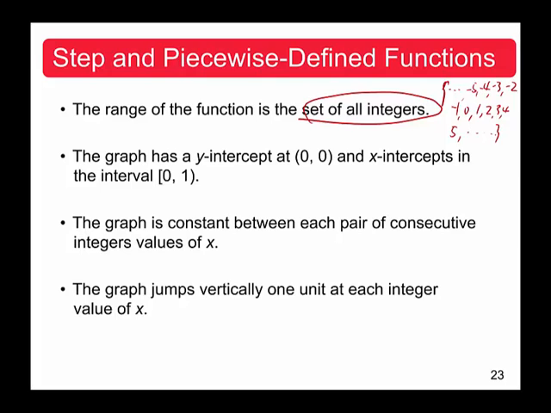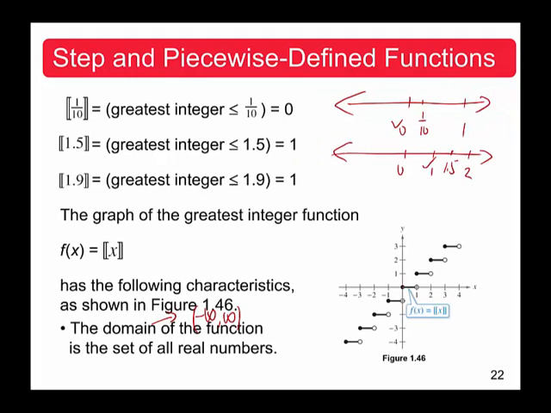Yes. You have infinitely many integers available. The graph has y-intercept at 0, 0, x-intercept at 0, 1. Okay, we verify this. This is the y-intercept, and then no, this is both the x and y-intercept at 0, 0.